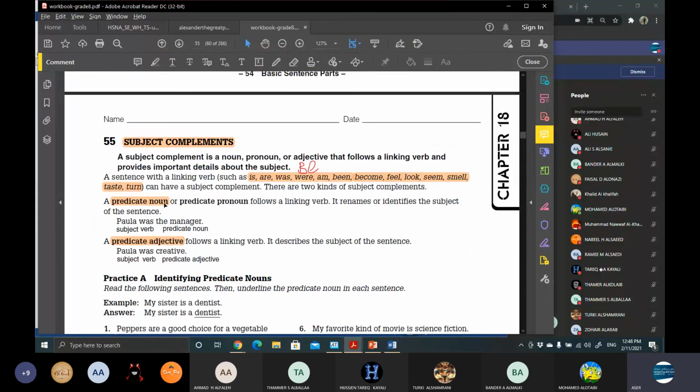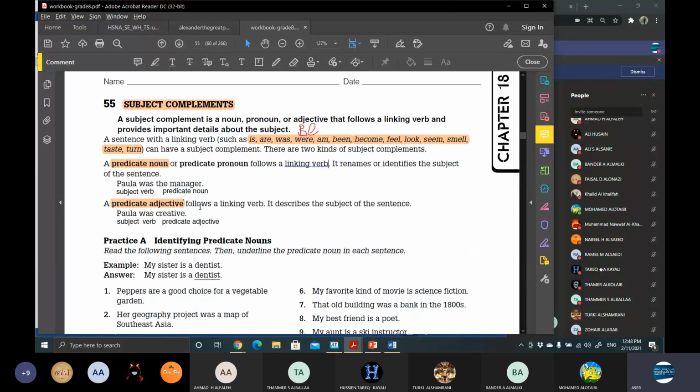So the predicate noun is the noun that follows the linking verb in order to give you extra information about the subject, describing or identifying or even renaming the subject. And the predicate adjective comes also after the linking verb, yet it describes the subject of the sentence.